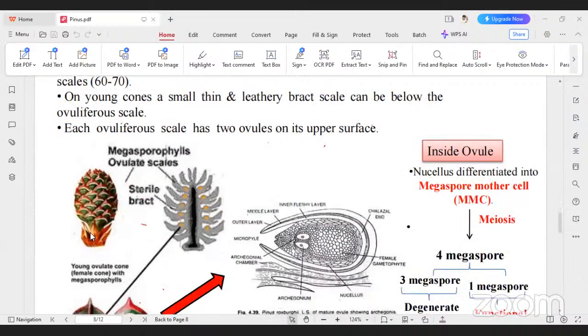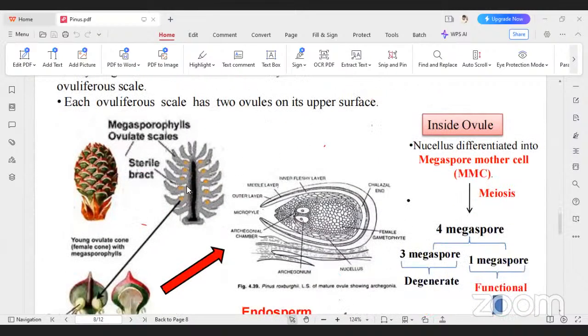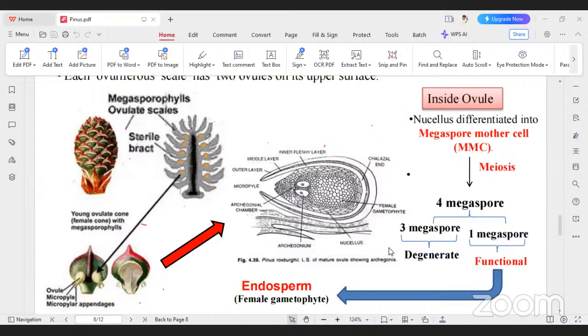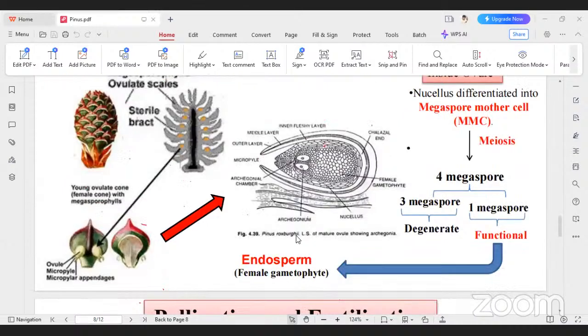Right. So this is the female cone, LS of female cone, with two ovules.